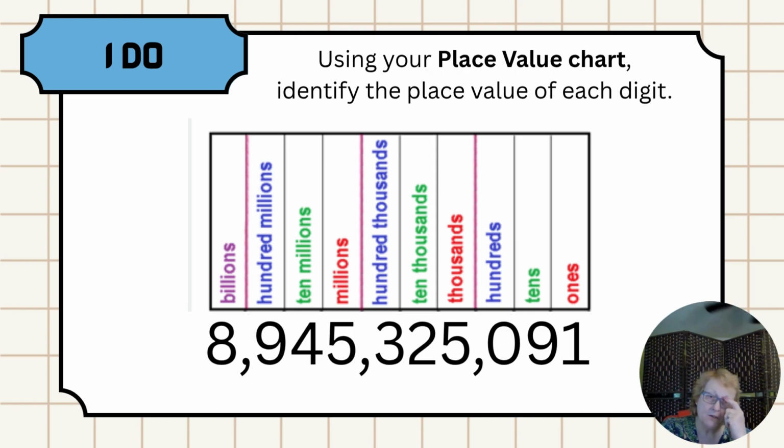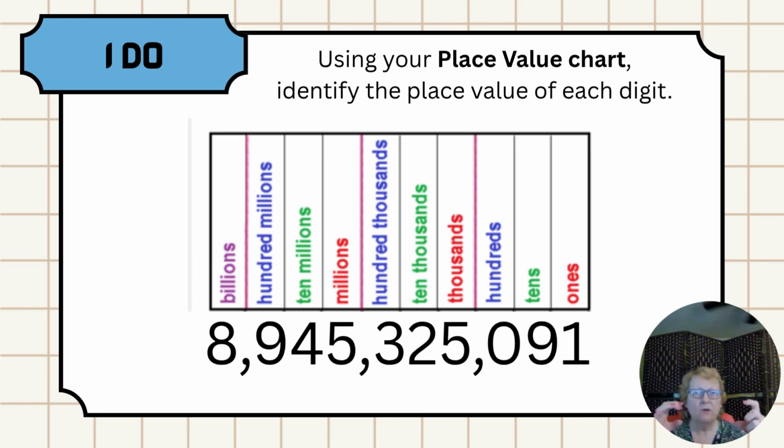All right. So the number that we're using in our example involves whole numbers only. So we're going to set up our place value chart, and we're going to draw that out along with our number. And this is what it's going to look like. And doing this process helps you to identify your digits.